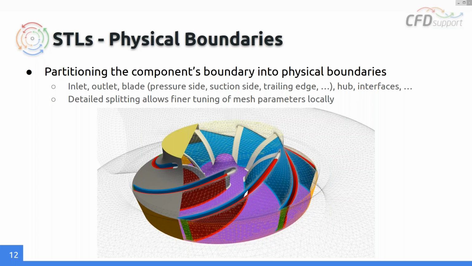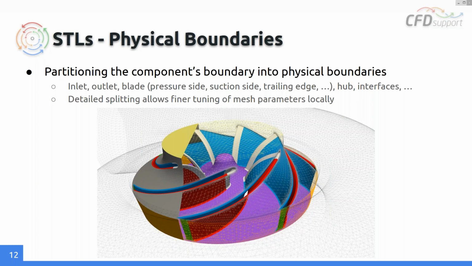So at least, for example for an impeller, we have to distinguish the following parts: inlets, of course outlets, blades, hubs, and shrouds. And for finer tuning of mesh parameters, for example, we would like to have the leading edge much finer than the rest of the blade, so we should also think about splitting the blade into meaningful parts.